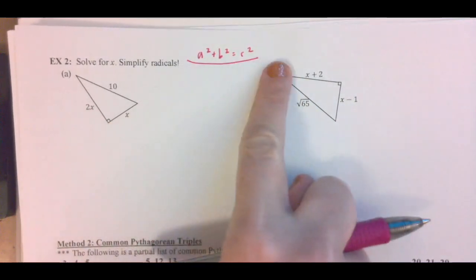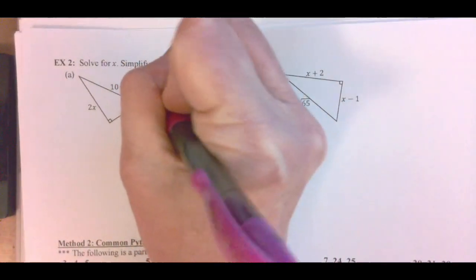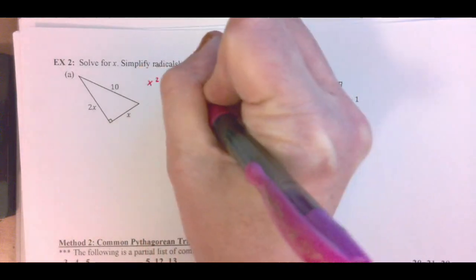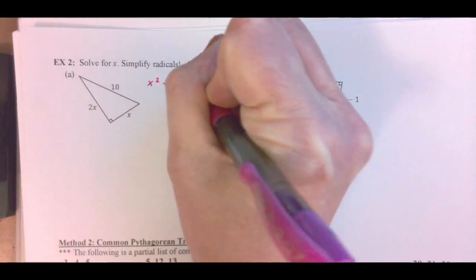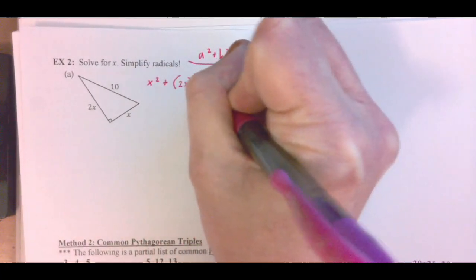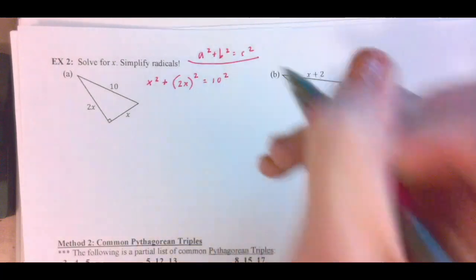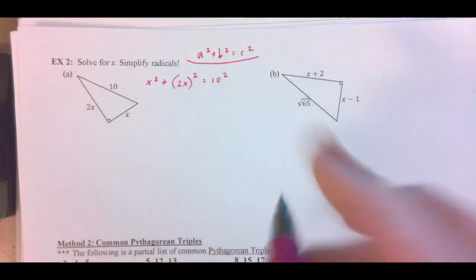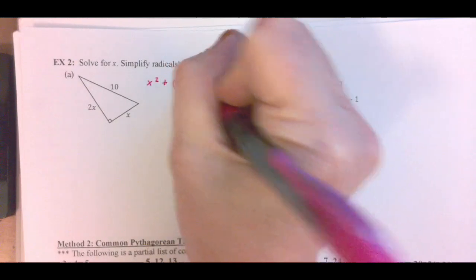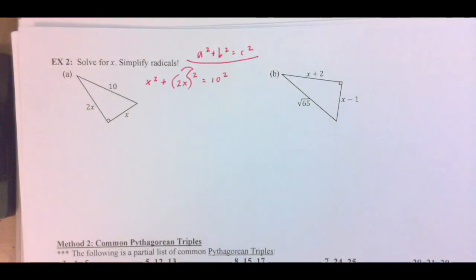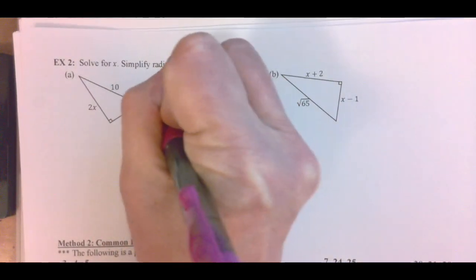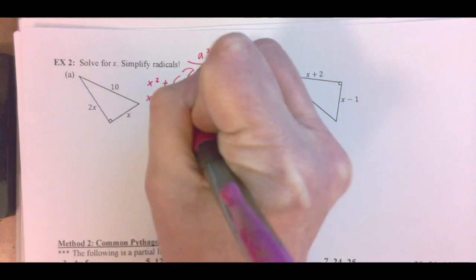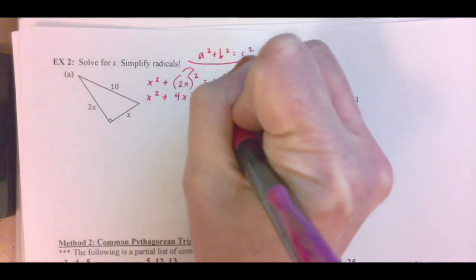So I'm going to go straight into that structure. x squared plus parentheses 2x as a quantity squared equals 10 squared. Most common mistake is forgetting to write the parentheses here because the exponent applies to the 2 and the x. So next stage I have x squared plus 4x squared equals 100.